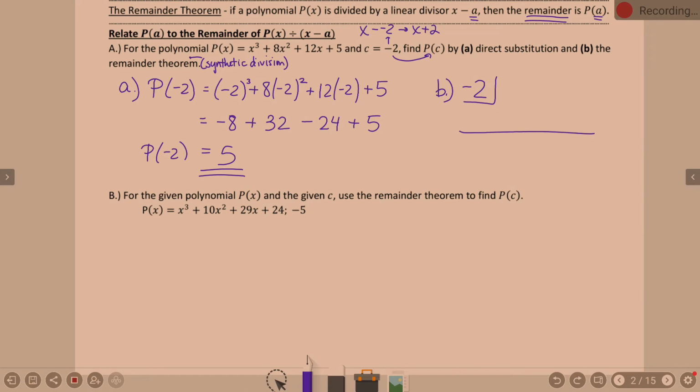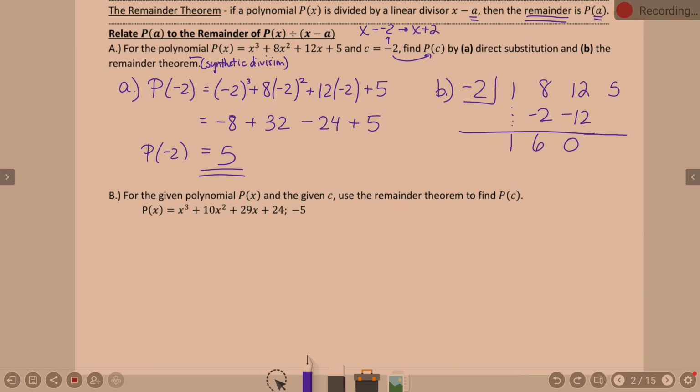What are my coefficients that go here? 1, 8, 12, and 5. Okay. Practice this synthetic division with me again. Drop the 1. -2 times 1 is -2. 8 plus -2 is 6. -2 times 6 is -12. 12 plus negative 12 is 0.